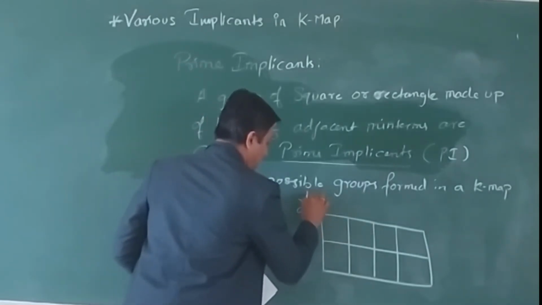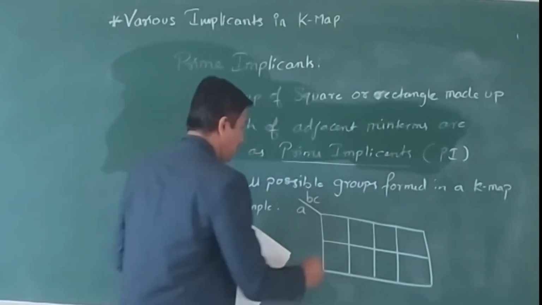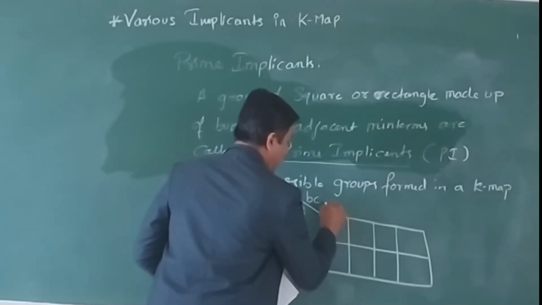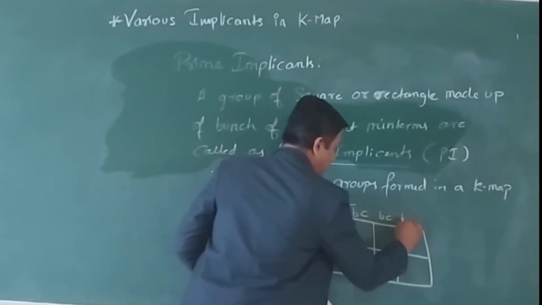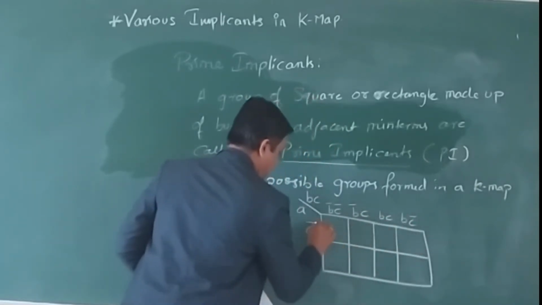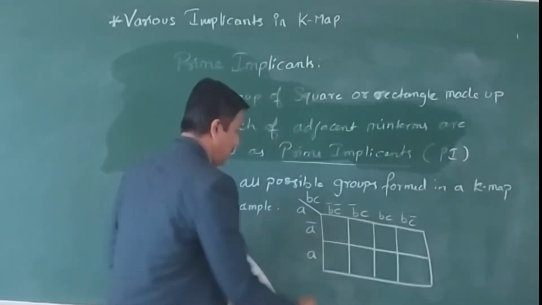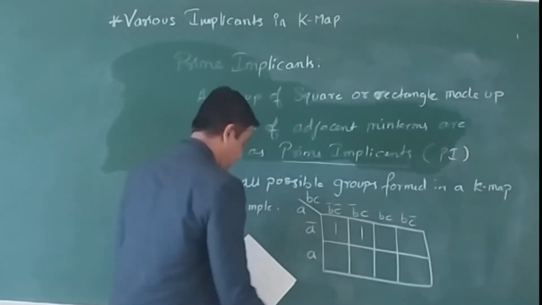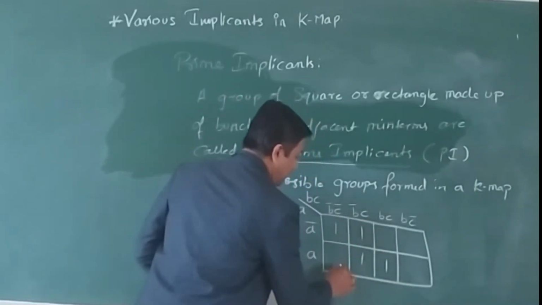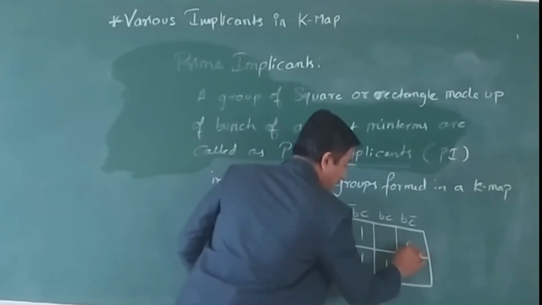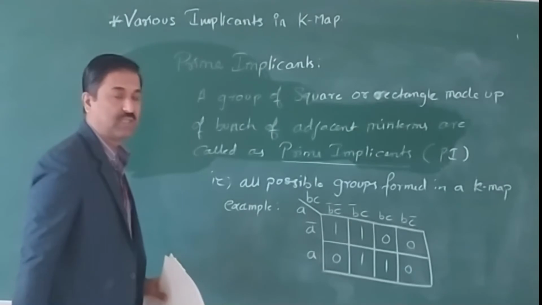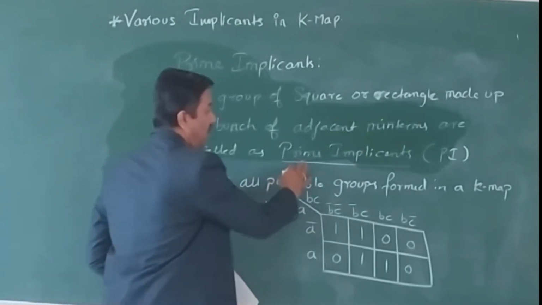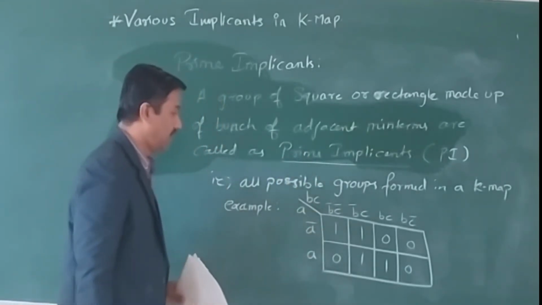A, B, C: B bar C bar, B bar C, B C, B C bar, and here we have A bar and A. I just randomly put some numbers in the cells, and the remaining cells I put as 0. This is just an example to make you understand what we mean by prime implicants.